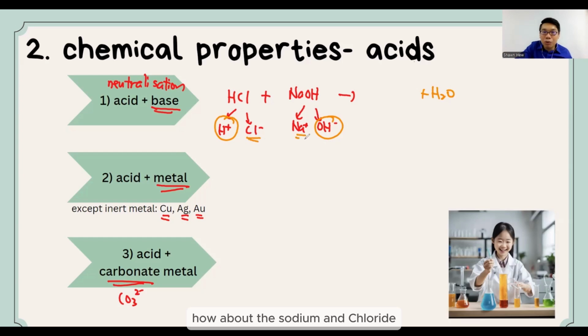How about the sodium and chloride? Positive and negative will join together. So the positive metal ion and negative non-metal ion, when they combine, will form salt. So in general, acid plus base will form salt and water.